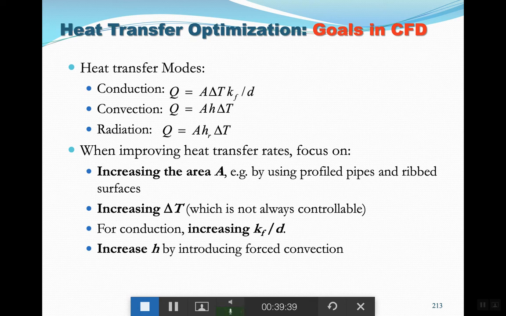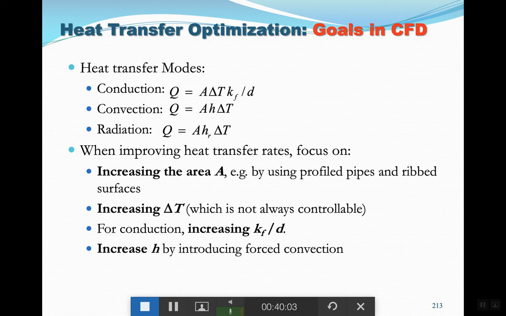But the bigger question is, why do we need those? We need those basically to optimize our system for heat transfer. Now, remember, optimization could mean anything depending on our system. In one system, decreasing temperature could mean optimization, while in another, increasing temperature could mean optimization, right?